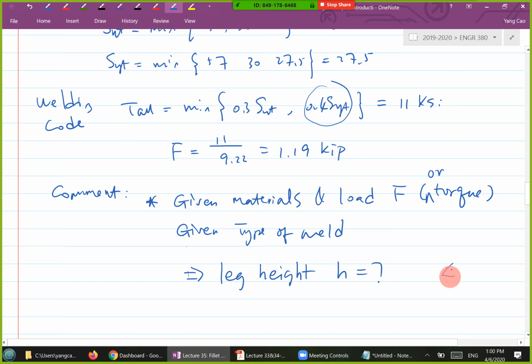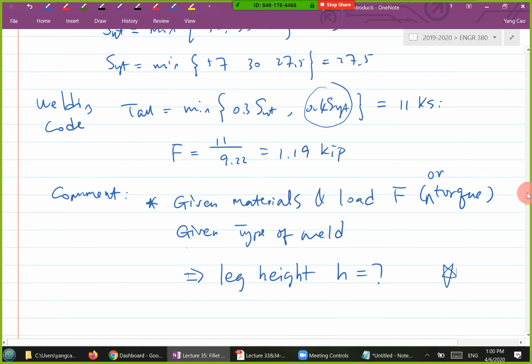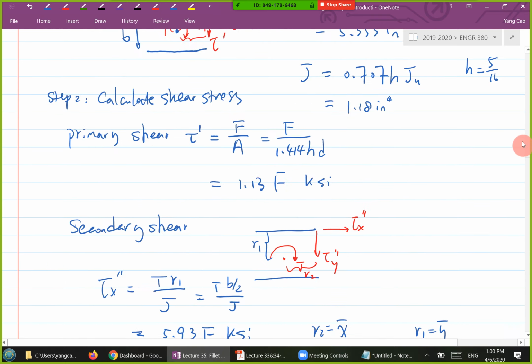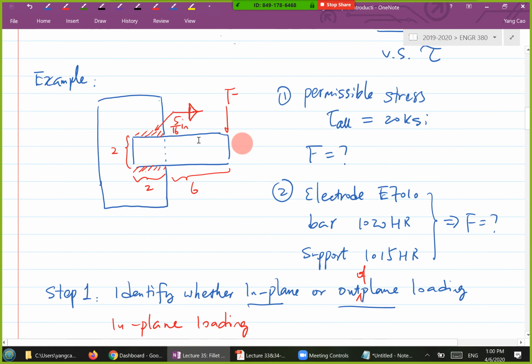This is also a very typical type of question. So in this case, you need to design your H properly to satisfy the design requirements.